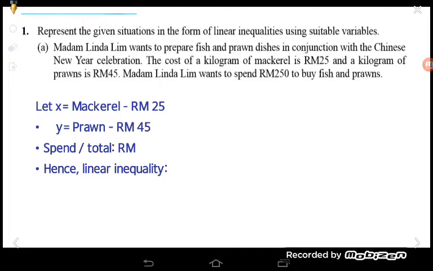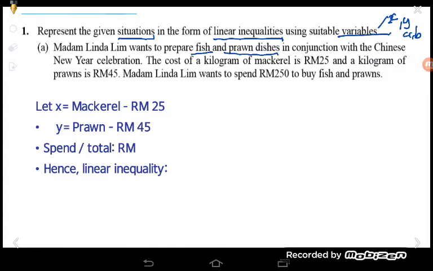Okay, now let us represent the given situation in the form of linear inequalities using suitable variables. A variable is something that you write as X or Y, A or B. The question is, Madam Linda wants to prepare fish and prawn dishes in conjunction with the Chinese New Year celebration.